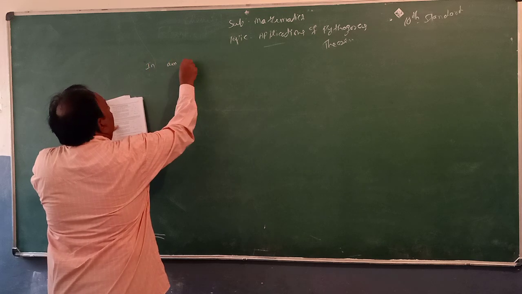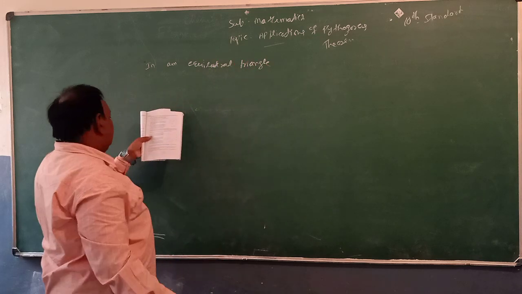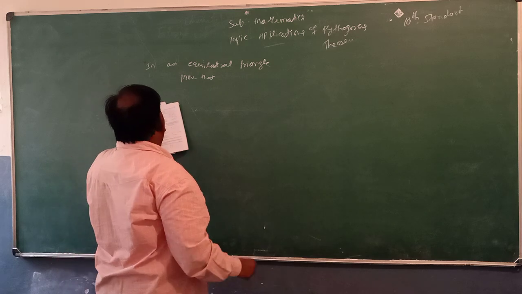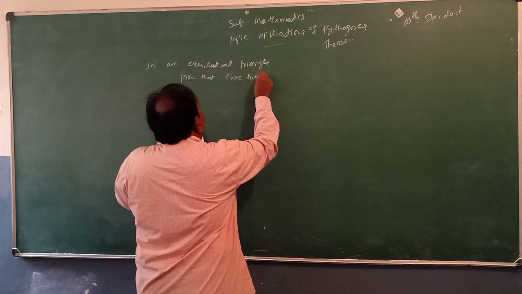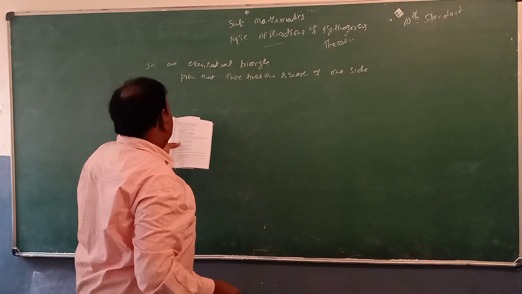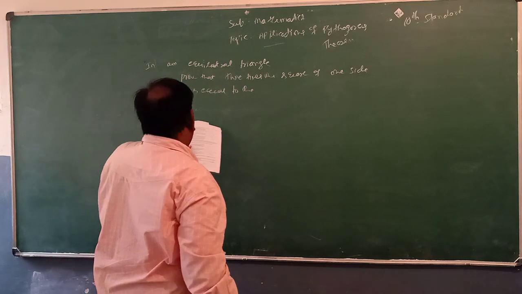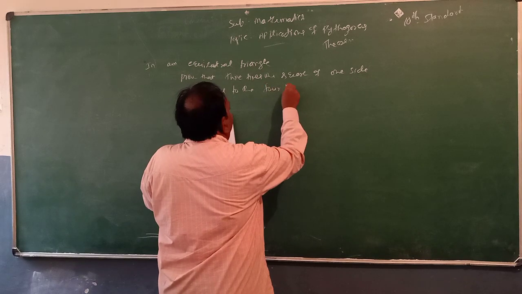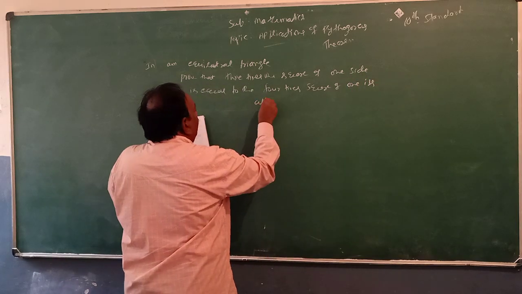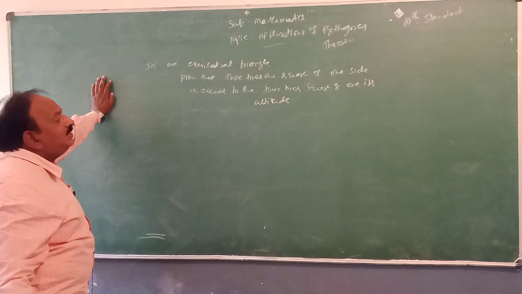In an equilateral triangle, prove that 3 times the square of one side is equal to 4 times the square of one of its altitudes.